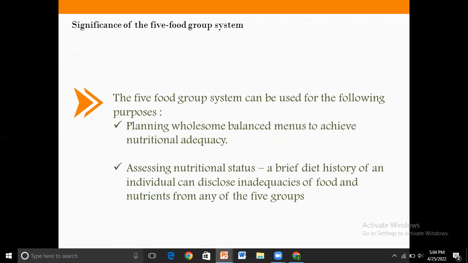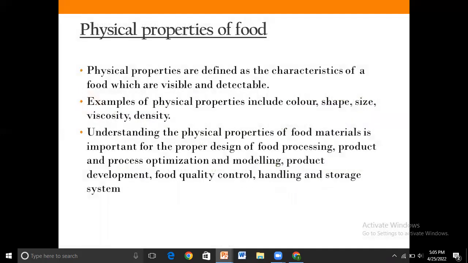If the person says no for all these things, I have not had any green leafy vegetables the whole year, then naturally that person might be lacking in a lot of nutrients, right? So that is how you assess nutritional status, by taking a brief history of that person. Then let's move on to the next category.